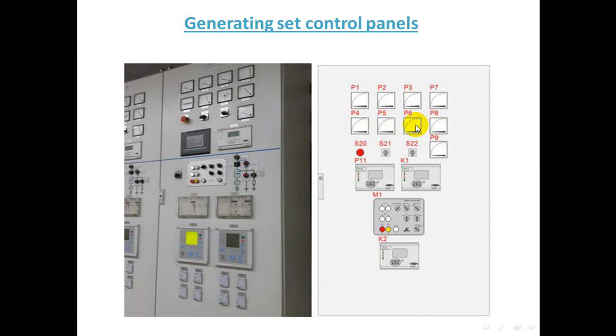P6 and also P7. P7 is the generator power factor meter, and its function is to measure the power factor of the generator. What is the power factor?